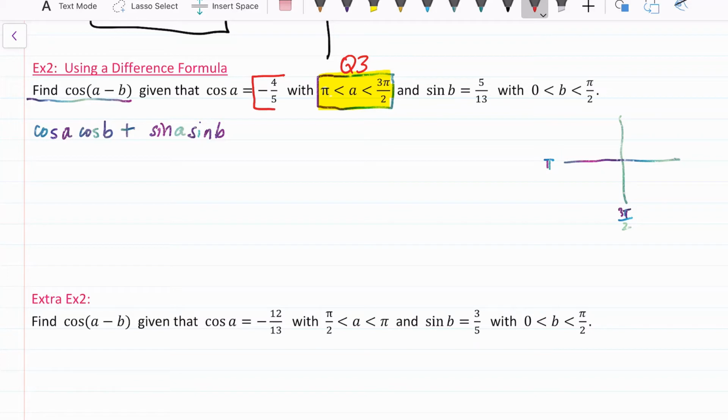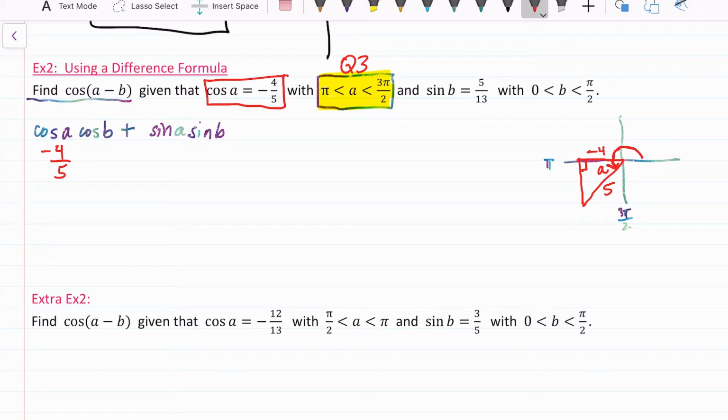Cosine of A is negative 4/5. I can actually even fill that into my formula. That means that the x value is negative 4, and the radius is 5, and angle A finishes in quadrant 3.